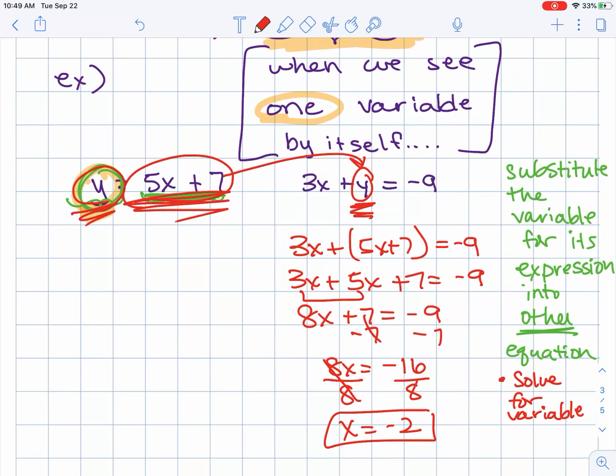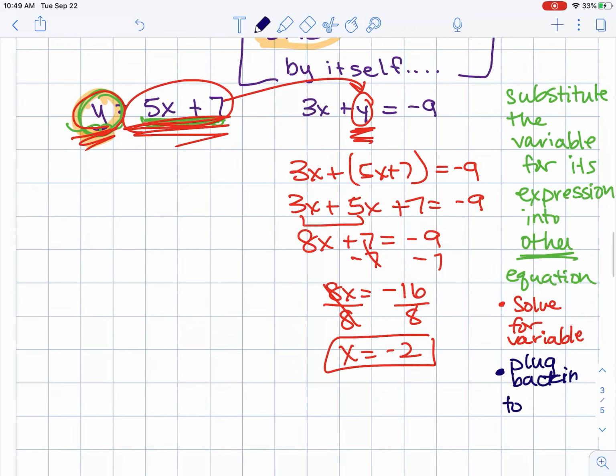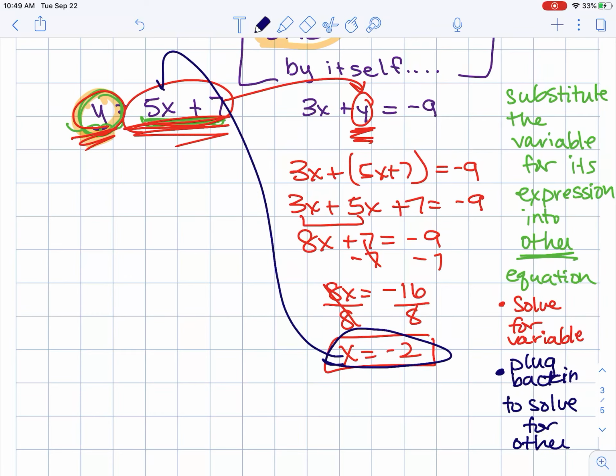Now, we just found x. But remember, we want a solution, aka a point. And a point has two parts. It has an x part and a y part. And then, once we solve for that variable, we're going to plug back in to solve for the other. So we're going to take that x and plug it back in to the original y that we used.